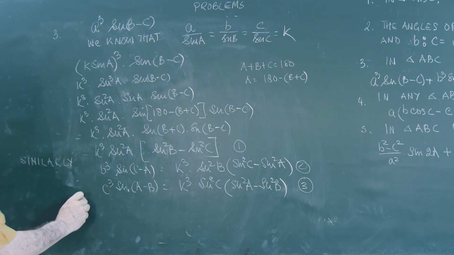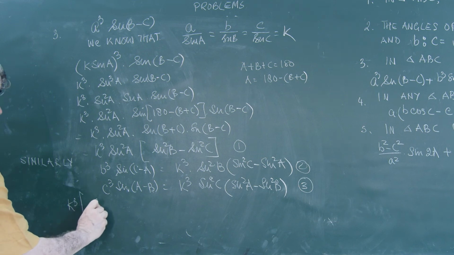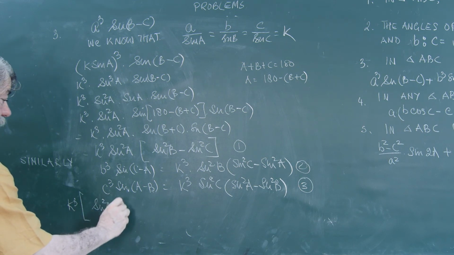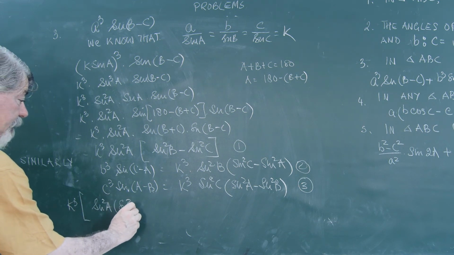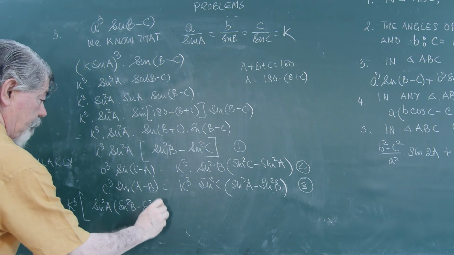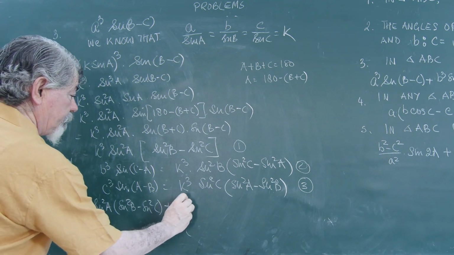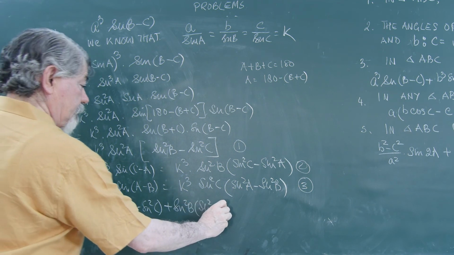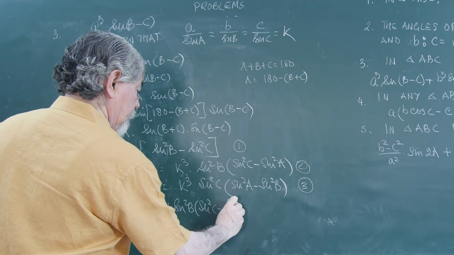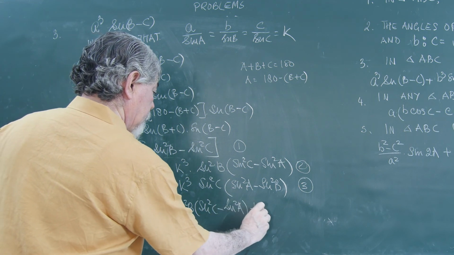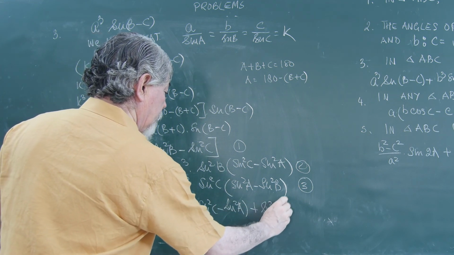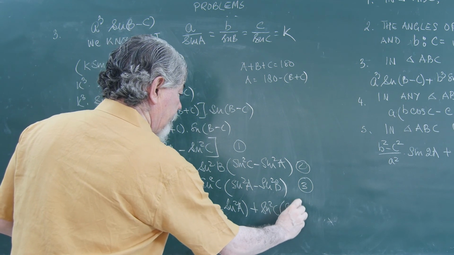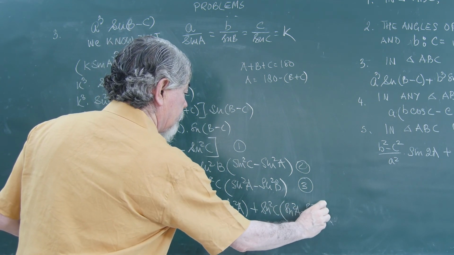K cube can be taken common, and I'll add sine square A, sine square B minus sine square C, plus sine square B, sine square C minus sine square A, plus sine square C, sine square A minus sine square B.